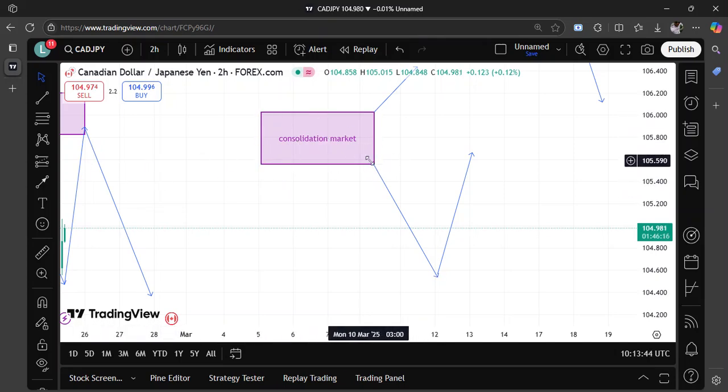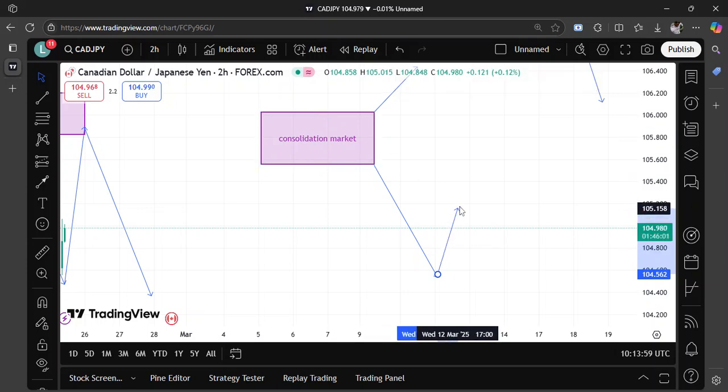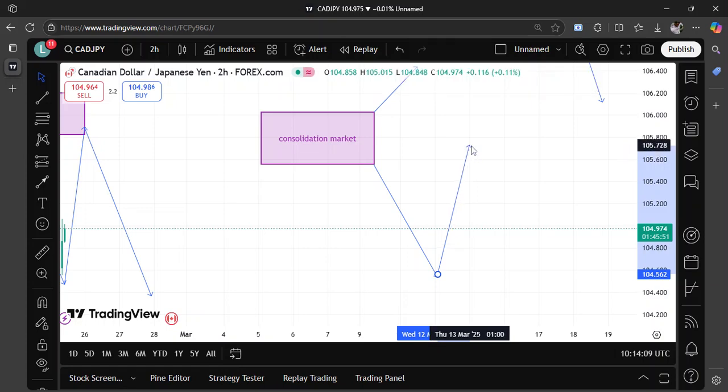So for instance, it expands downward. The candlesticks or line charts went down, depending on what chart you're using. What we'll be anticipating is for price to move back to this consolidation market. This consolidation market is sometimes a magnet, so price will definitely be pulled back to it, as if it's a black hole sucking price back.